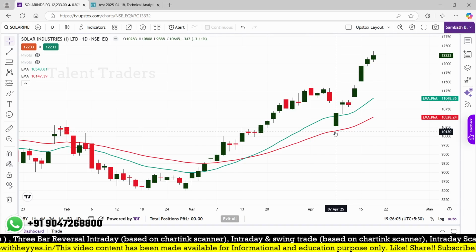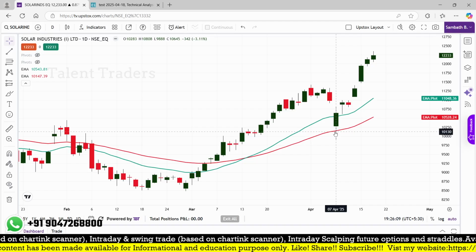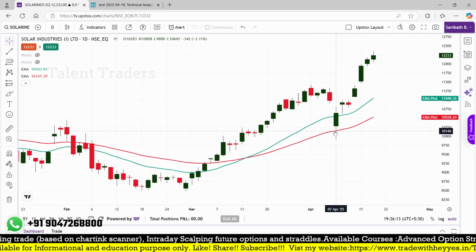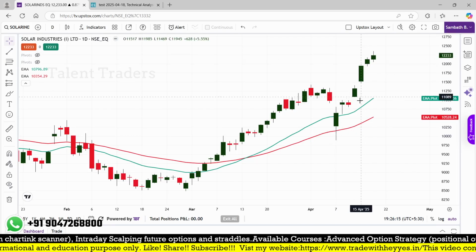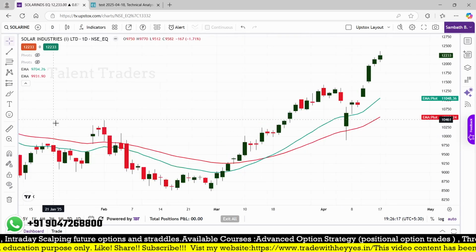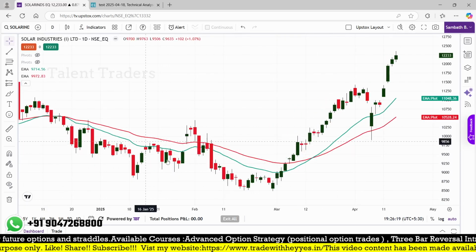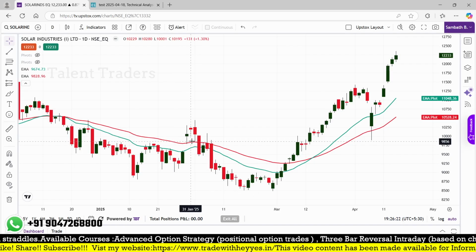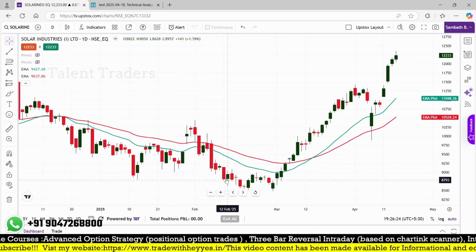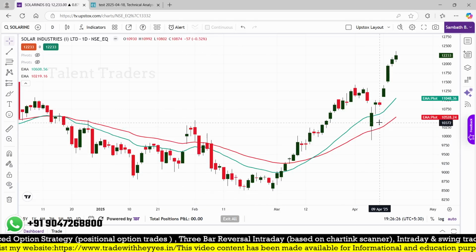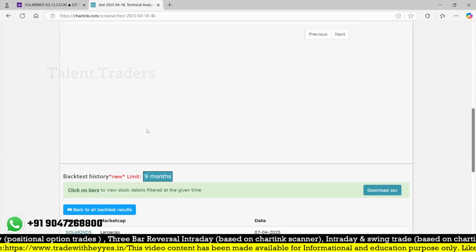Whenever it triggers that particular level, you will get an alert from that scanner, and after that alert there is a huge move, because it never crossed over immediately. And like that here also, the moving average is on the downside. Whenever it touches the upper moving average, a reversal may happen. Here it's a pullback. So that is the logic you have created with this particular scanner.